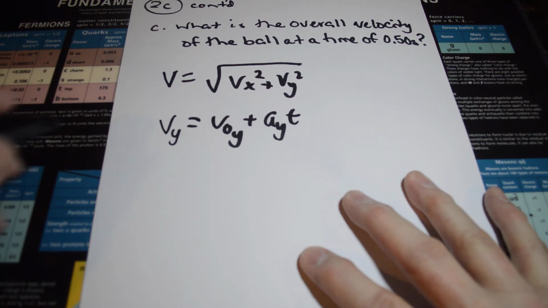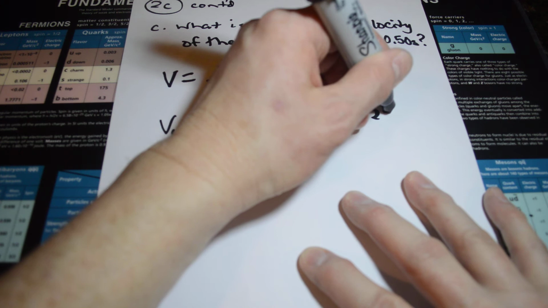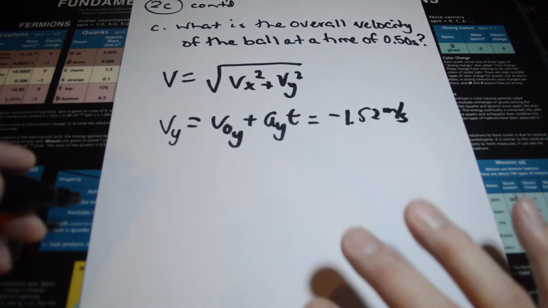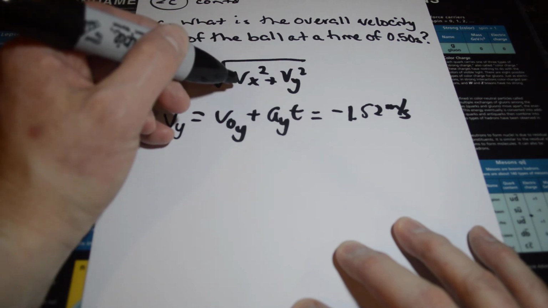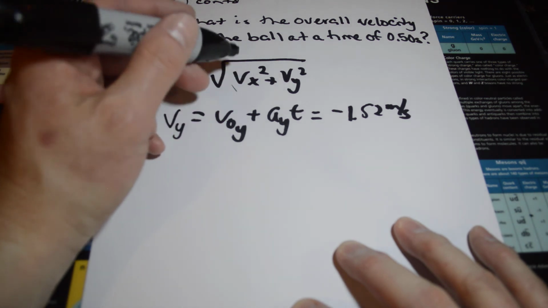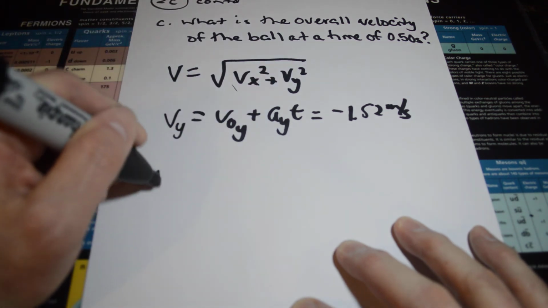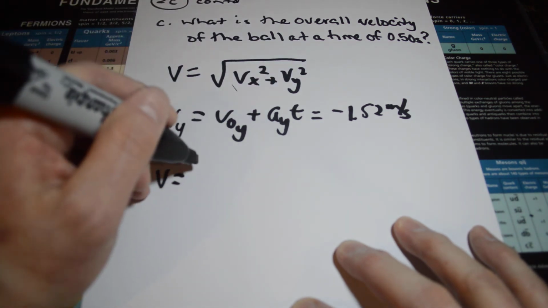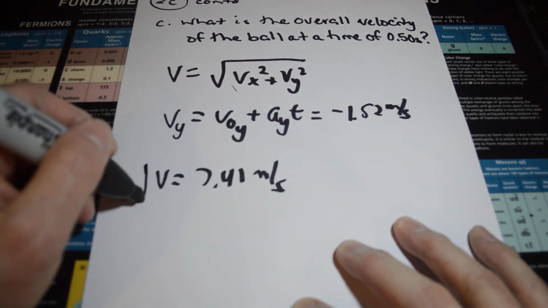And if you do that, I got negative 1.52 meters per second, so it's on its way down. And then when I put in my initial x direction velocity of 7.25, square it, plus a negative 1.52 squared, take the square root, my overall velocity turned out to be 7.41 meters per second.